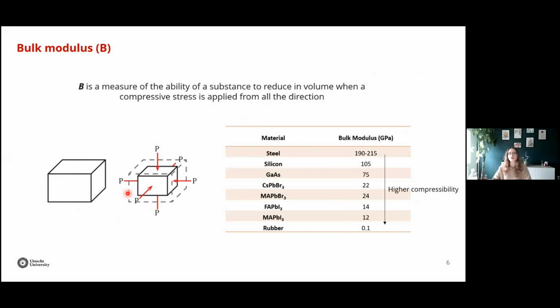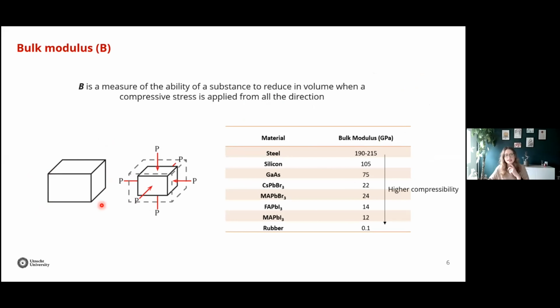Going now to how to quantify strain. So there are many ways of quantifying strain, and I will present here two of them, which are the bulk modulus and the Young modulus. So basically the bulk modulus is how sensitive a material is to a compression that comes from all directions.